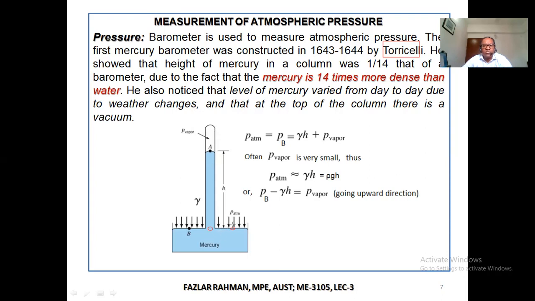So what will the pressure be over here? The height of the column of this liquid plus this vapor pressure. So he got P atm equals gamma h, that means rho g h, plus the vapor pressure in the tank. Okay. If you ignore the vapor pressure, then it will be only rho g h.